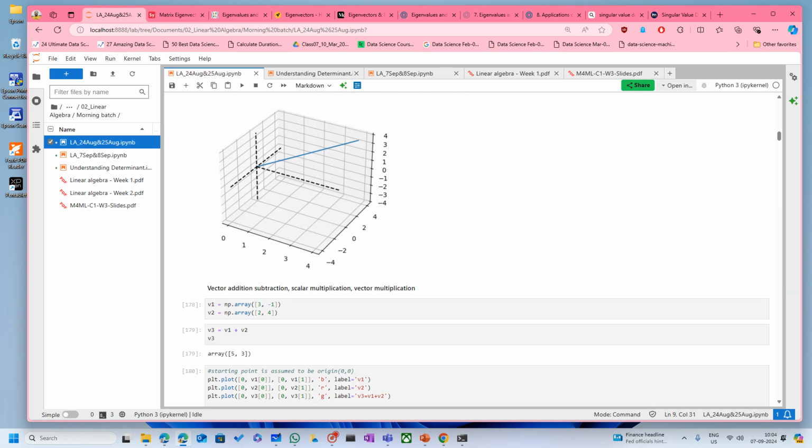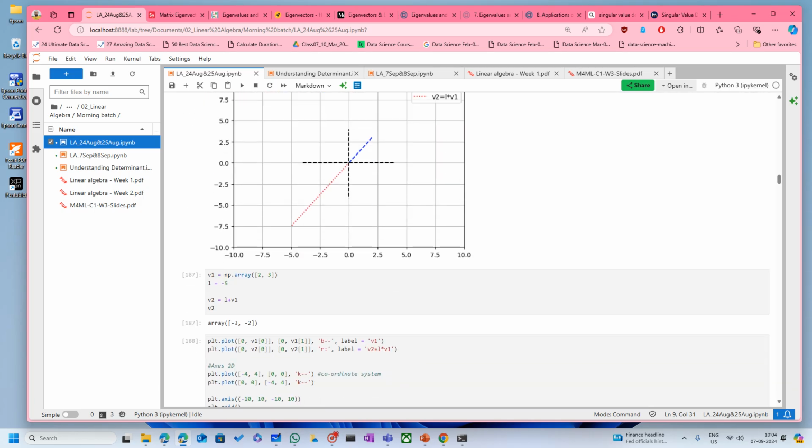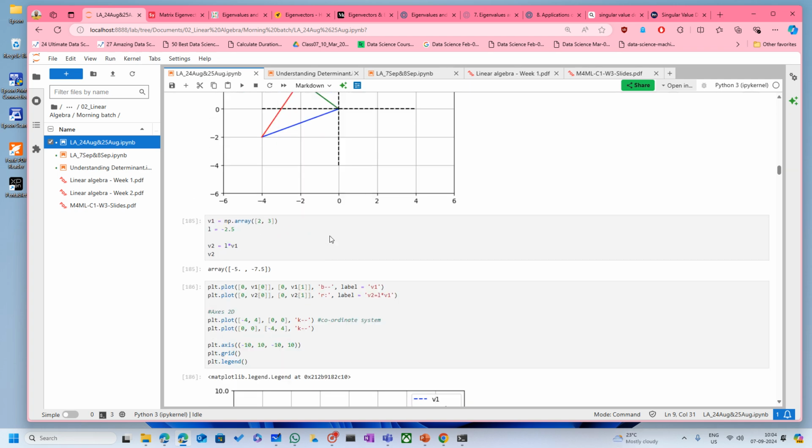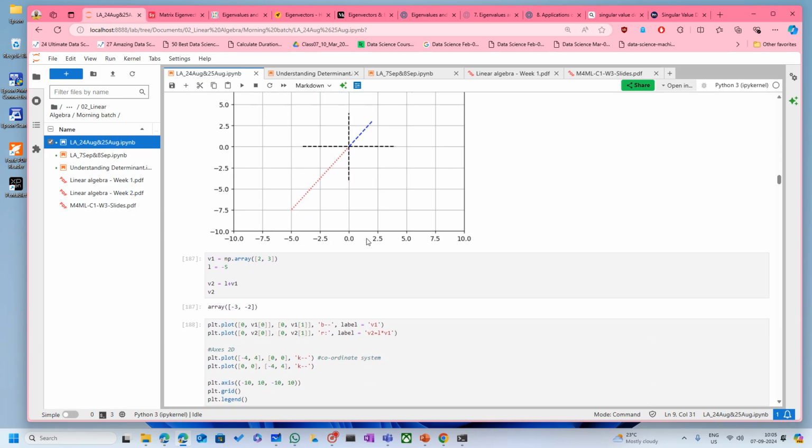When you multiply a vector with a certain scalar value, it gets stretched, right? Same thing happens for the matrix. Even a matrix gets stretched, basically that's all it is.